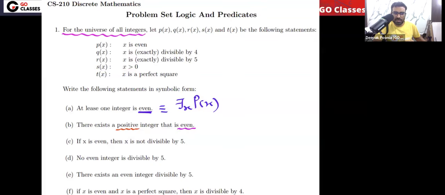Positive means greater than 0. Remember, 0 is neither positive nor negative. Please understand this.